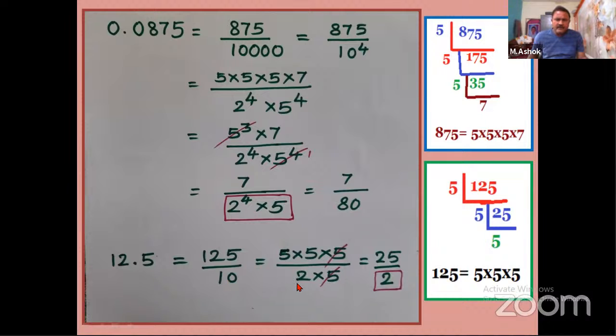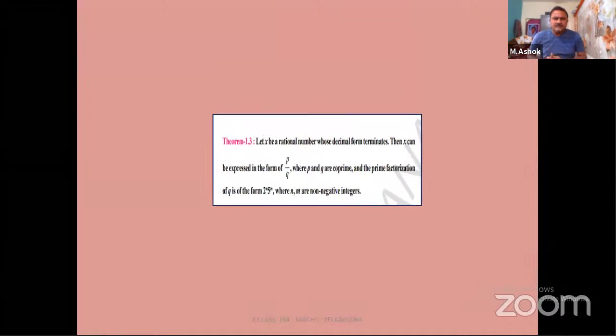For 10, we write 2 into 5. After cancellation of these two 5s, you have 25 by 2. After observing all the 4 examples, our theorem is, look at here.